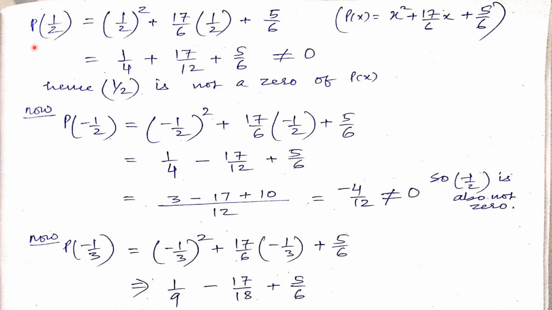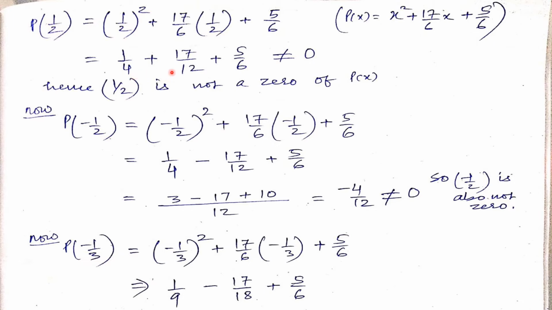So first I am trying by putting 1/2 in the polynomial. The polynomial equation was x² + 17/6 x + 5/6. So what I am doing is putting 1/2 in place of x. So (1/2)² + 17/6 × 1/2 + 5/6. When you write like this, there is no need to solve it.